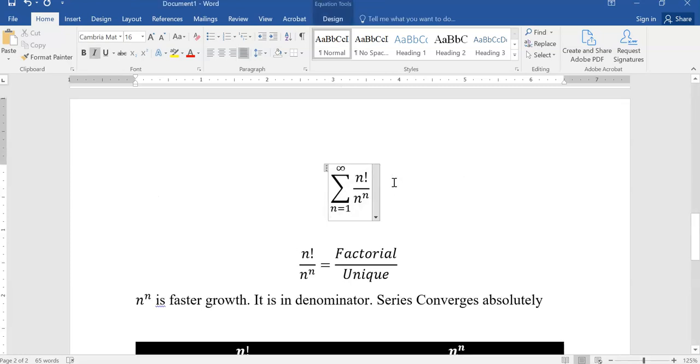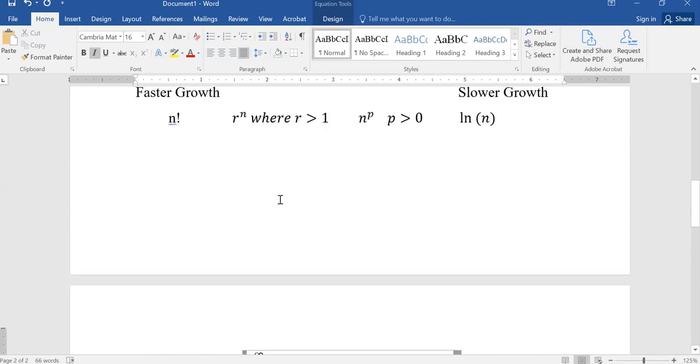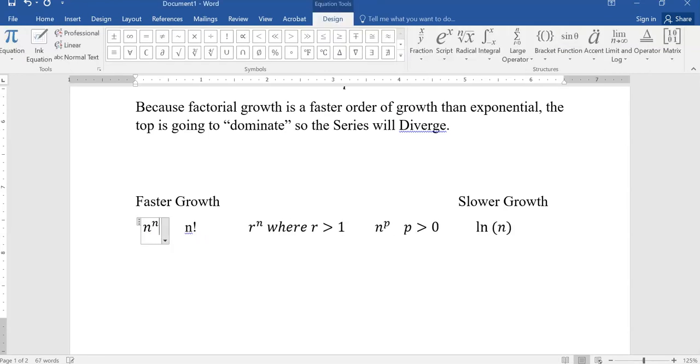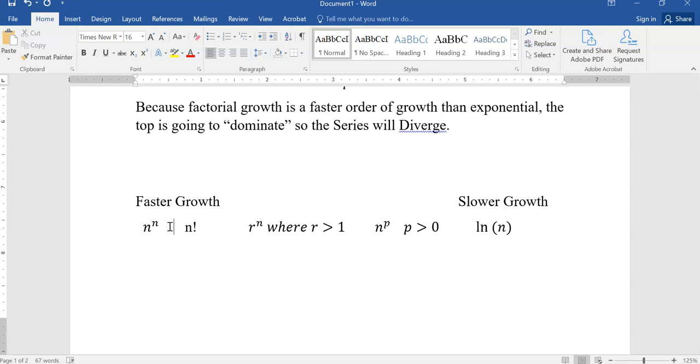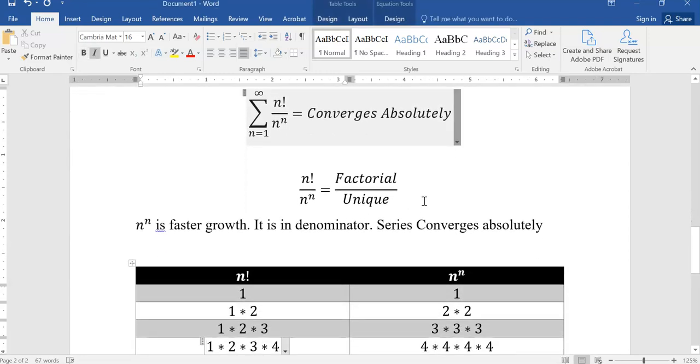So this series converges absolutely. And there you go. n to the nth power is faster growth. So if you wanted to, you could scroll up and put n to the nth power even further left on the scale than n factorial. That's not one that comes up a whole lot, but it is an interesting case.